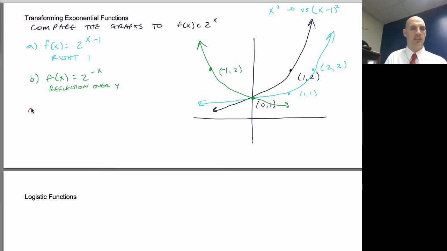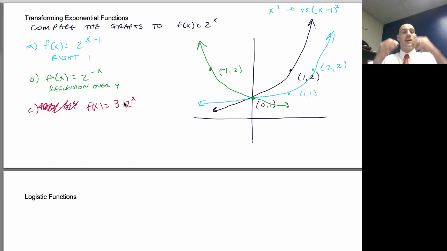Next one, C. 3 times 2 to the x. I'm taking my function, f of x. I'll just rewrite it. F of x is equal to 3 times 2 to the x. I'm taking my whole function and multiplying it by 3. Well, that was that vertical stretch mentality. So it would be like an x squared versus 3 times x squared.